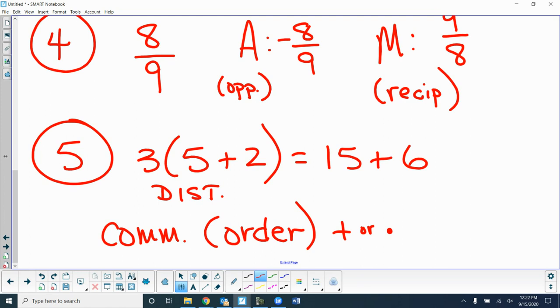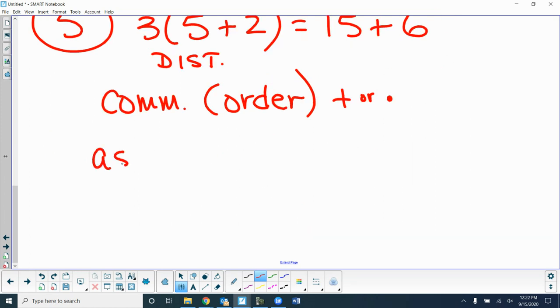Again, you don't have to write that all out. You can put COMM like I do and a plus sign for addition. If it was 4 times 5 equals 5 times 4, you would tell me commutative property of multiplication. If you don't put addition or multiplication for commutative or associative, you're not going to get full credit.